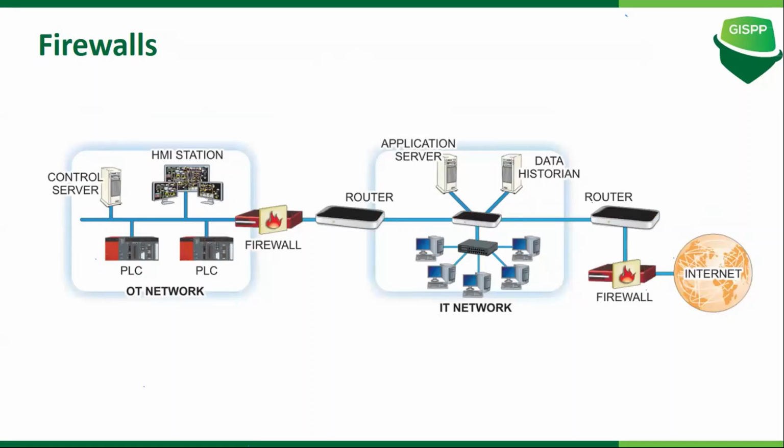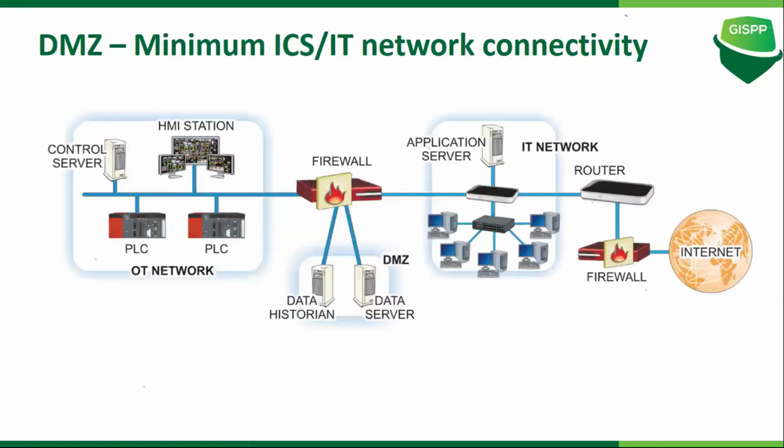But now we have taken it out, because from the ICS attacks point of view, the data historian is a focal point of getting attacked. So we don't want anything vulnerable to be placed inside an IT network, because the IT network has more risks. So we have taken out that data historian machine and put it into a DMZ.